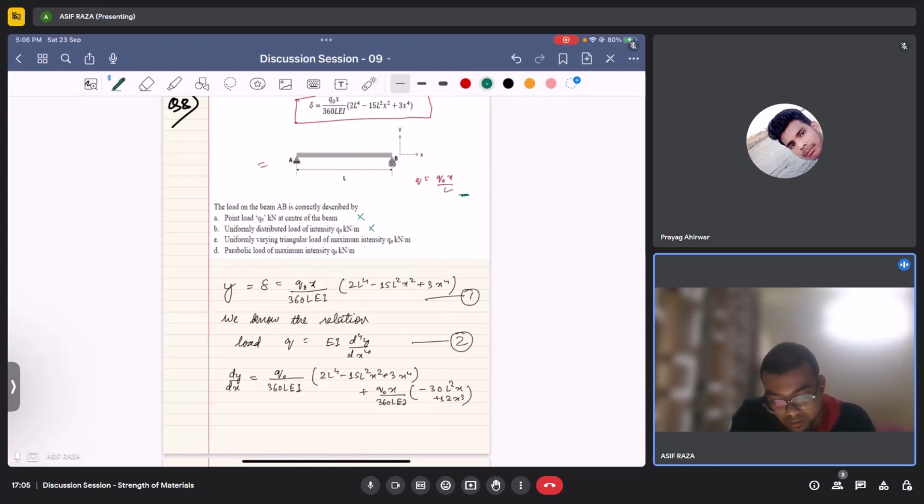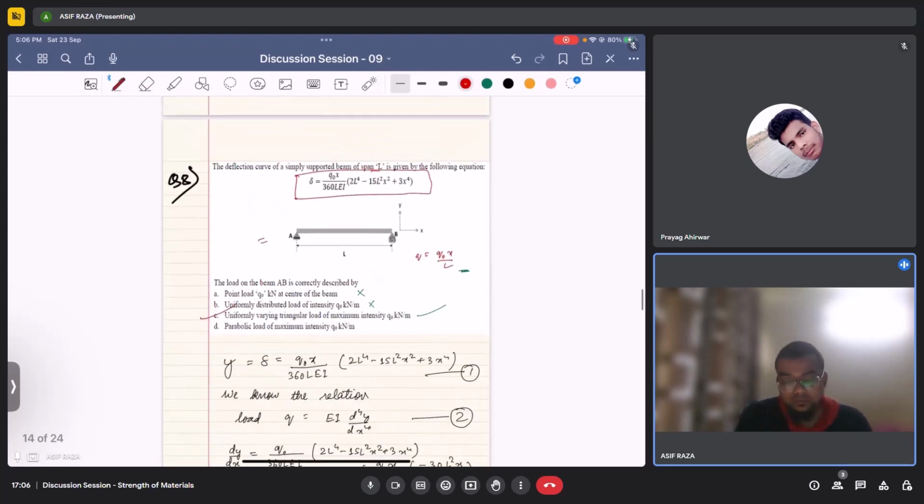Uniformly varying triangular load of maximum intensity q naught: this would be the case because at x equal to 0 it would be the minimum, and at x equal to L it would have the maximum intensity. The correct answer would be option C.